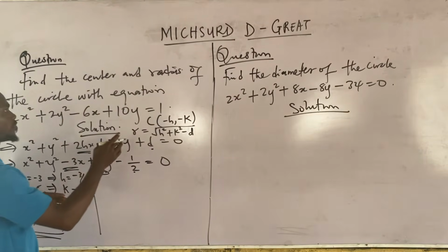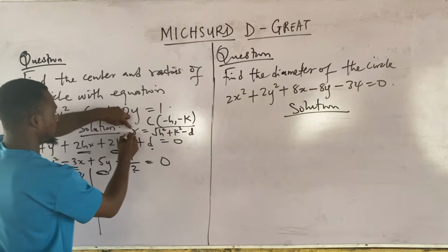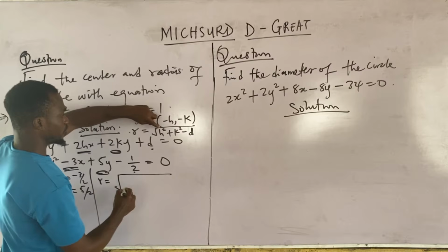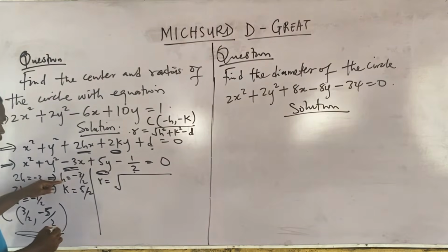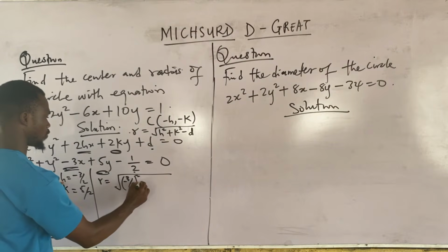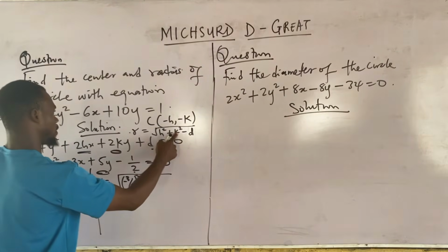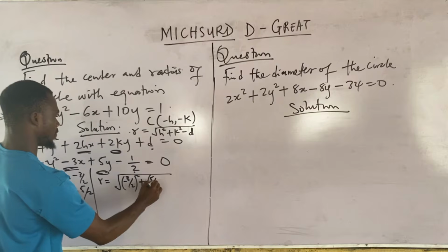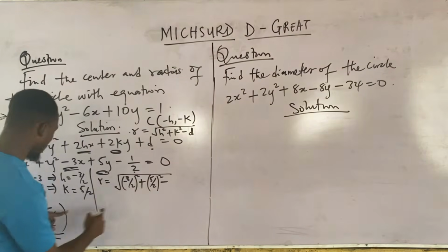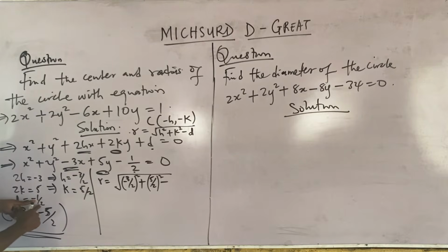Now we are also asked to find the radius of the circle. So we use this formula, that the radius of the circle is the square root of h squared plus k squared minus d. So here our h is minus 3 over 2 all squared, plus k squared, our k is 5 over 2 all squared. Then minus d, our d is minus 1 over 2.